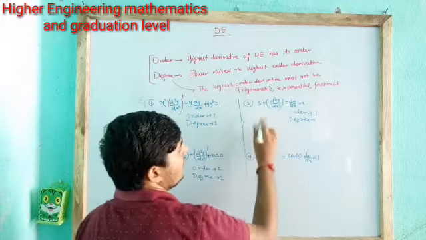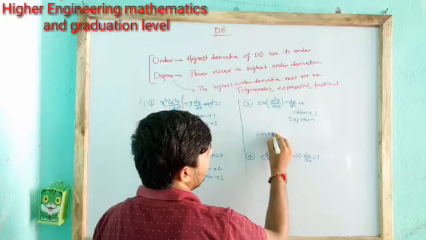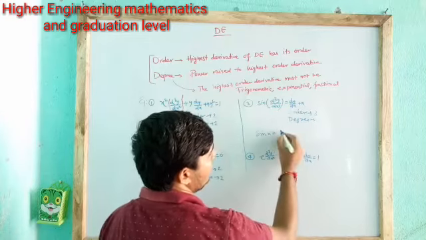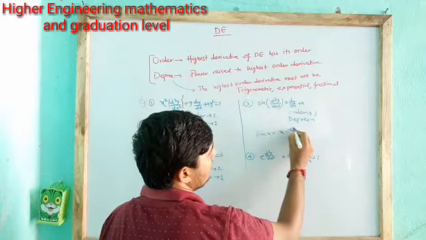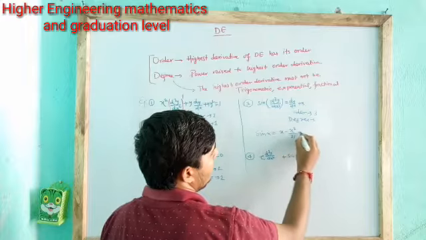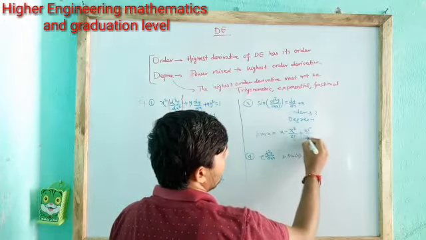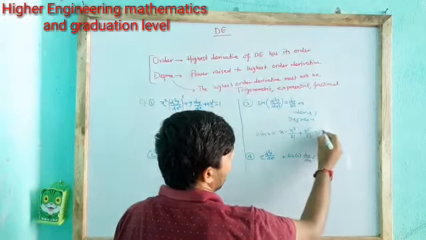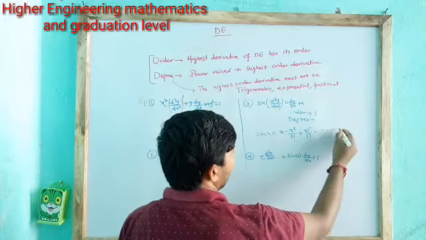We can easily say that, but why do we not define its degree? Let us see here. We know the expansion of sin x. The expansion of sin x is what? x minus x cube by 3 factorial plus x to the power 5 by 5 factorial, up to infinity and so on.